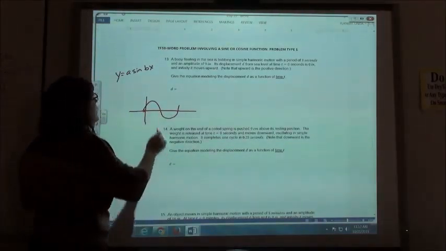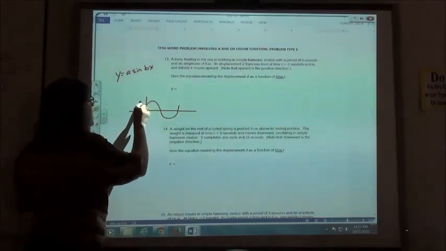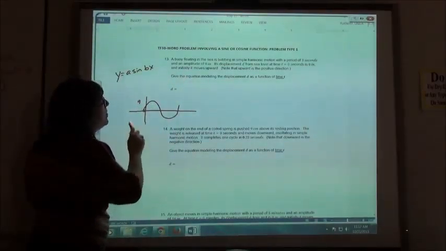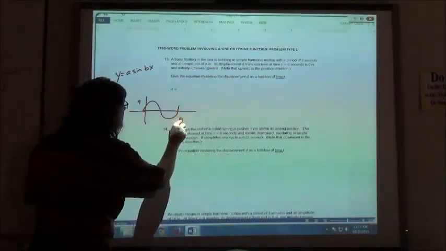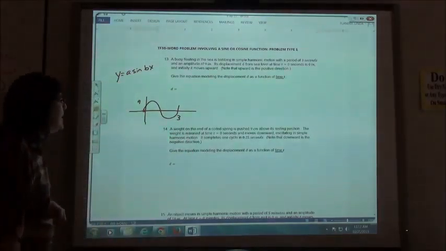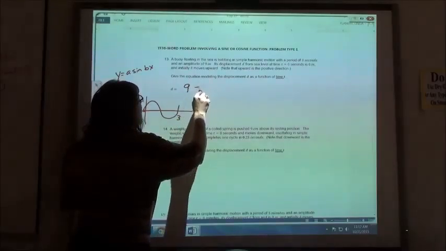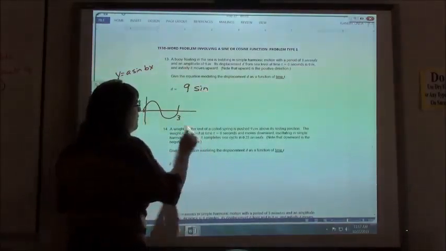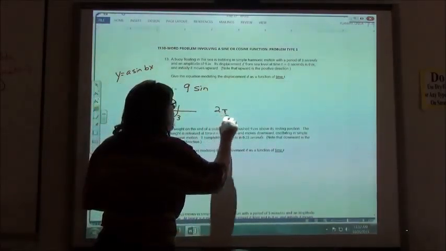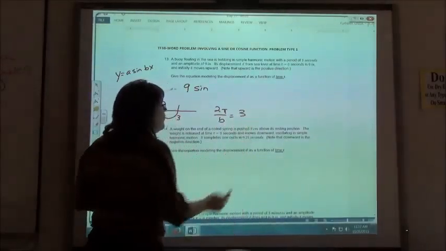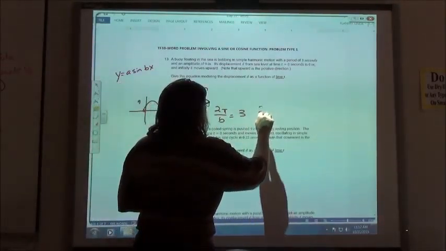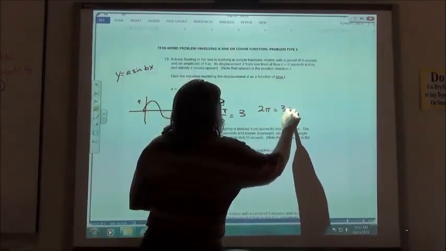The amplitude, it says, is going to be 9, and the period is 3 seconds, so one cycle would take 3 seconds. So I'm going to have d equals 9 sine of, again, we're going to have 2 pi over b to equal the period of 3. So I'm going to have 2 pi equals 3b.